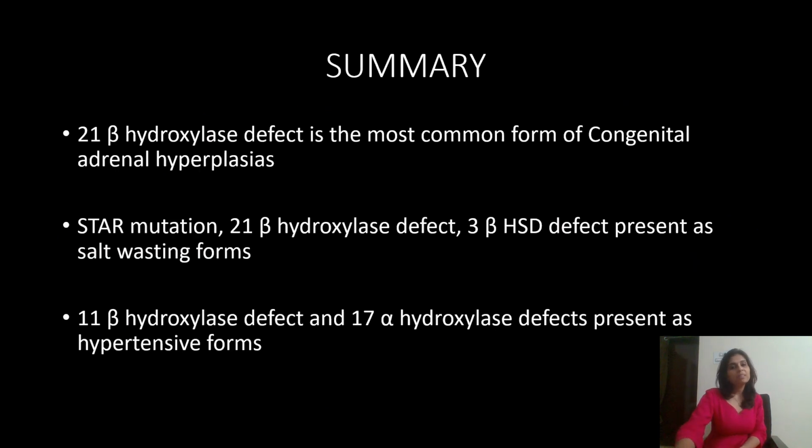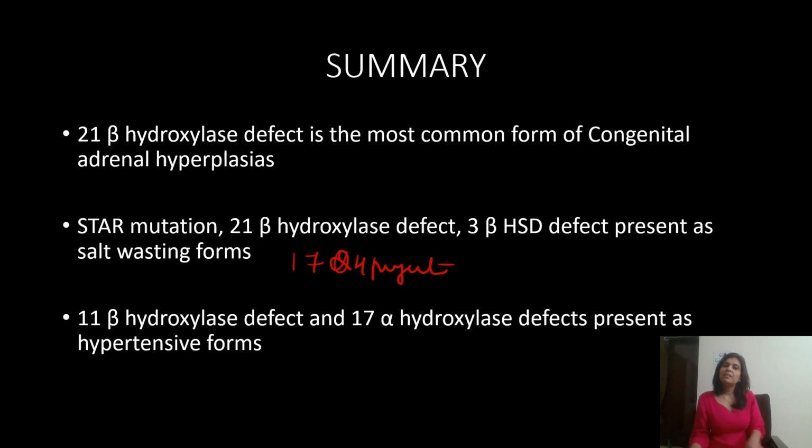So the summary is 21-beta hydroxylase defect is the most common form of congenital adrenal hyperplasia. Star mutation, 21-beta hydroxylase defect, 3-beta hydroxysteroid dehydrogenase defects, all these three conditions present a salt wasting form. For differentiating, you can estimate 17-hydroxyprogesterone.